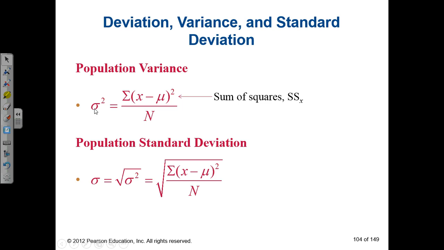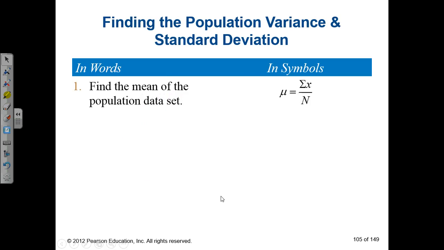We call the population variance sigma squared. Sigma is the lowercase s in the Greek alphabet, and the population standard deviation is known as sigma. And now we have our units back to our original units. So to find the population variance, the very first thing we need to do is find the population mean.